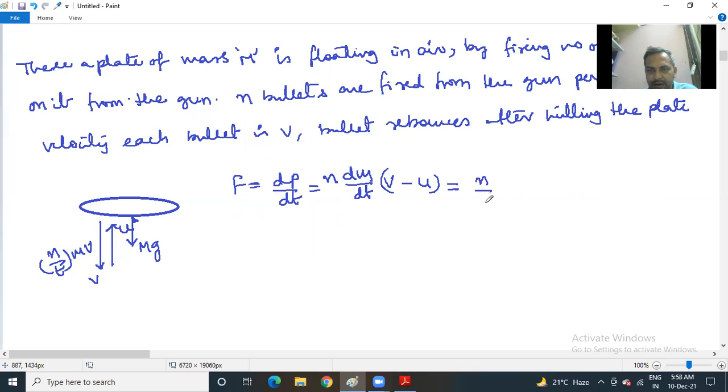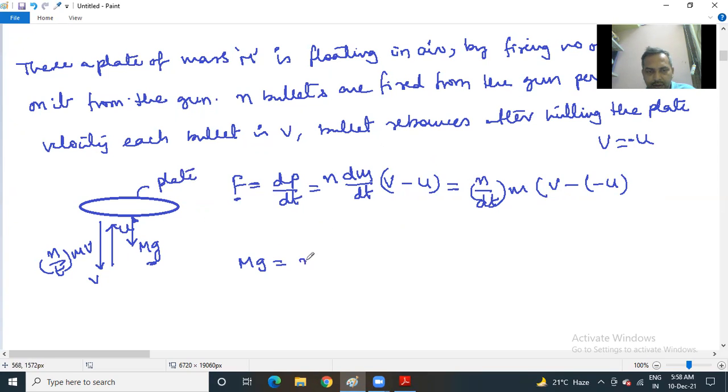So therefore n by dt with m and v minus u. So u and v are opposite in direction. In case the magnitude of velocity is the same, so what we can write is force. This mg is balanced with the force by the bullets. So this force applied by the bullets is balancing the weight of the plate.